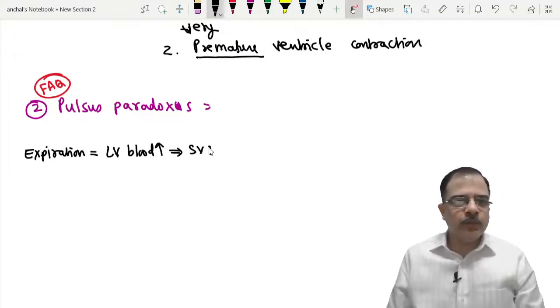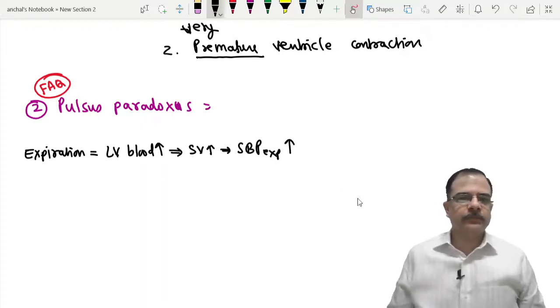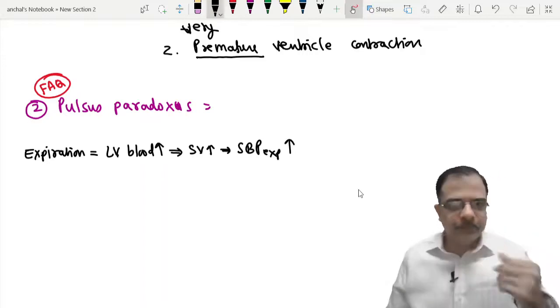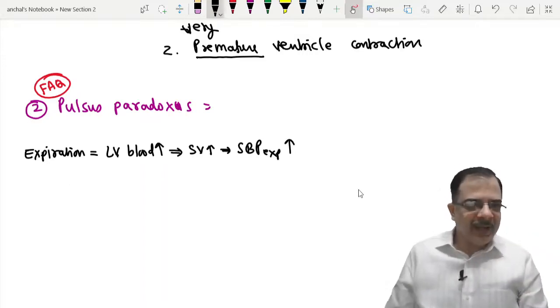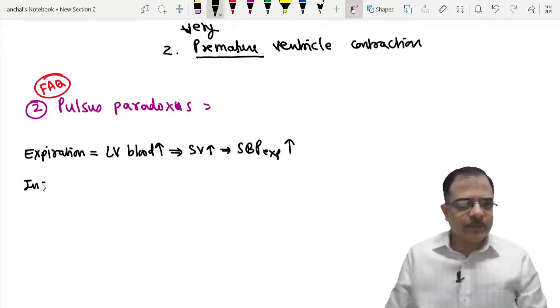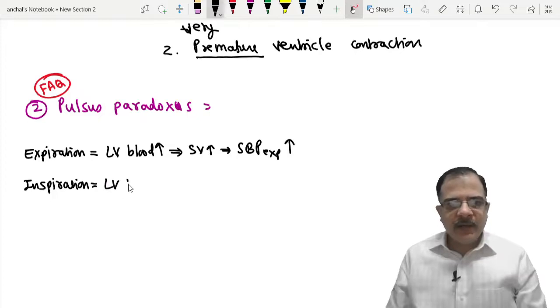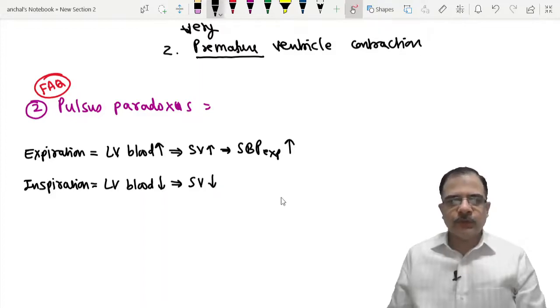Stroke volume is more, so systolic BP during expiration is increased comparatively, while in the inspiratory phase the left ventricle blood is reduced, and stroke volume is reduced.